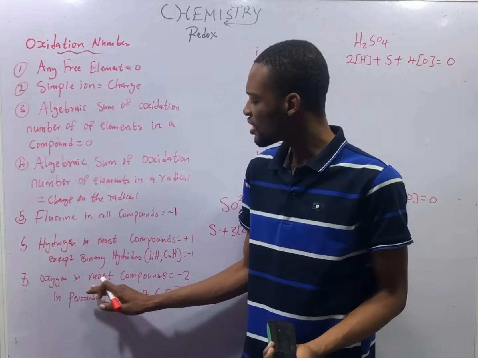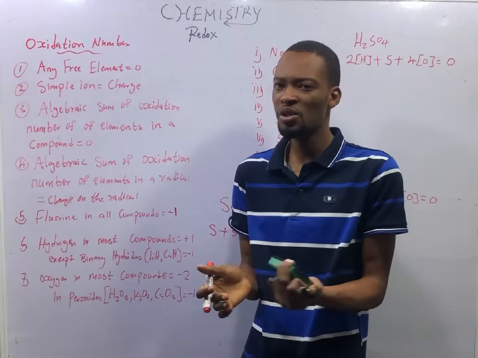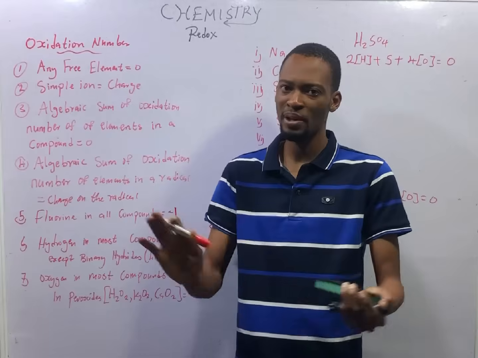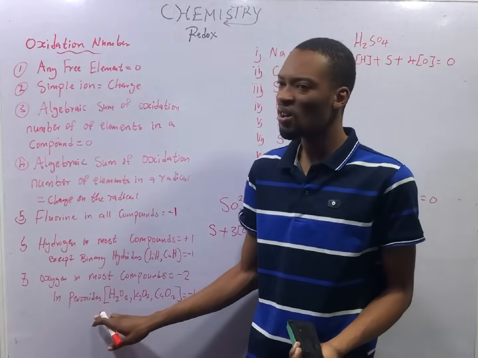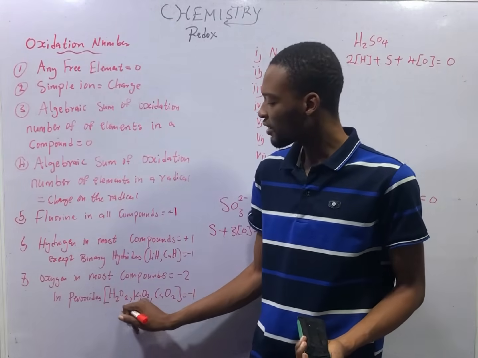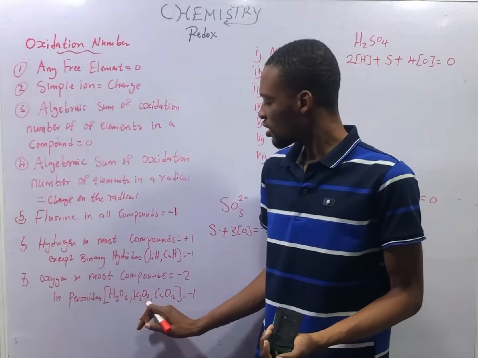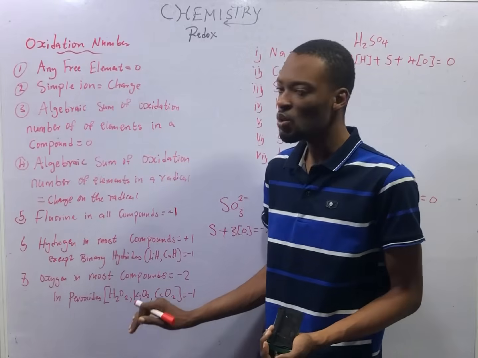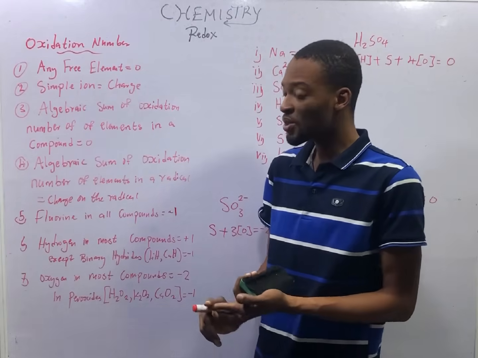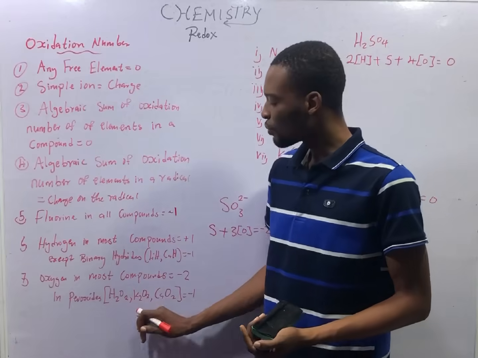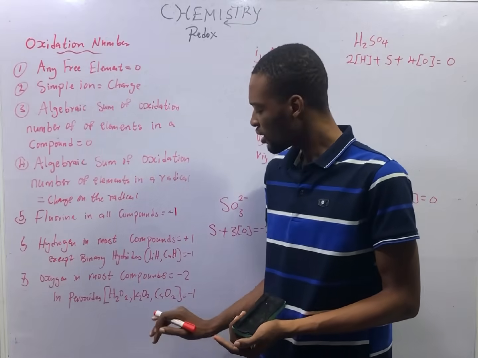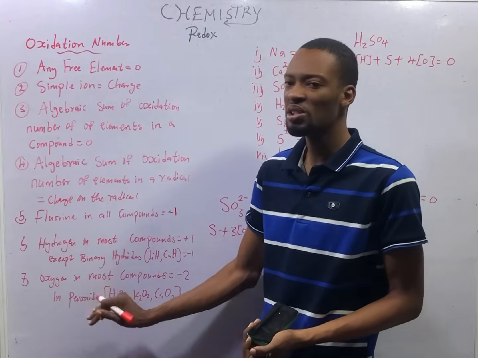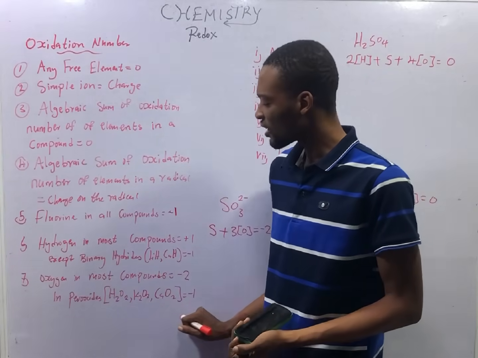Oxygen in most compounds has an oxidation number of -2. But in peroxides, like hydrogen peroxide, H2O2, potassium peroxide, K2O2, and calcium peroxide, CaO2, all these are peroxides, and the oxidation state of oxygen is -1 in peroxides.